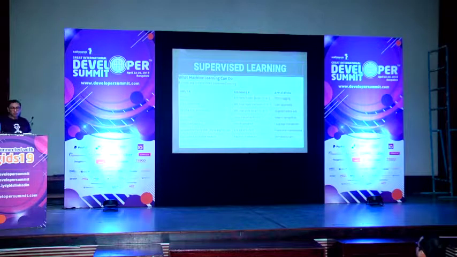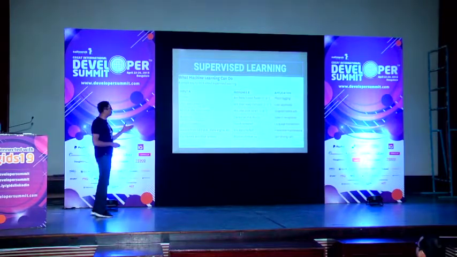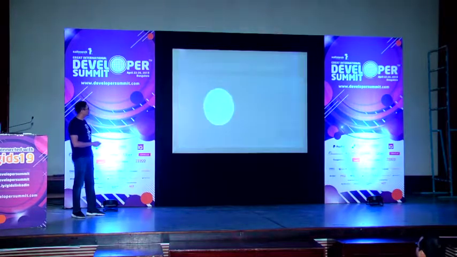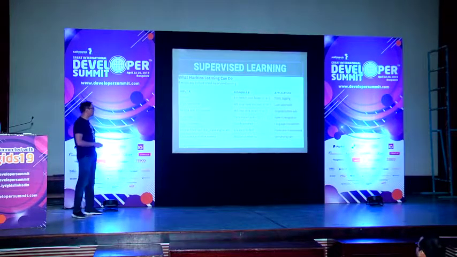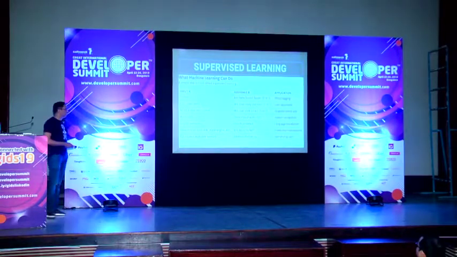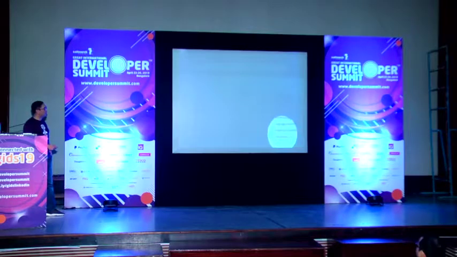Here are some more examples of supervised learning, and this is what machine learning can do today. If we have an audio clip, we can transcribe it and do speech recognition, or translate an English sentence to French. Language translation is one type of machine learning. And of course, all the rage right now is self-driving cars.